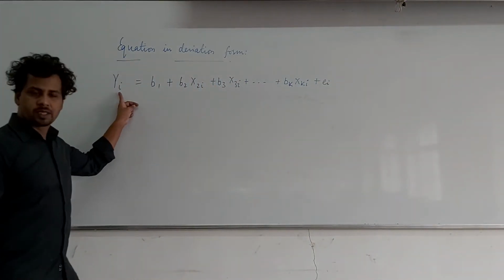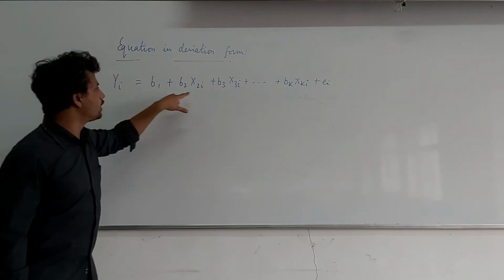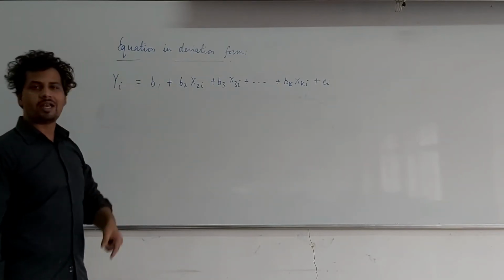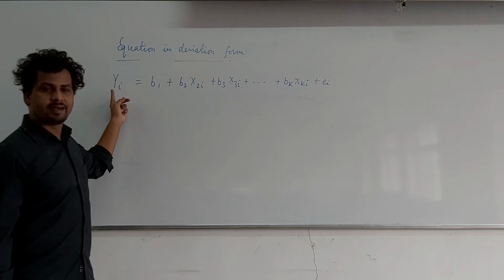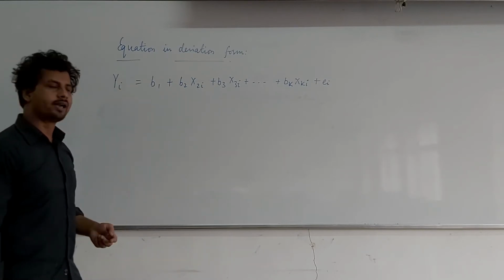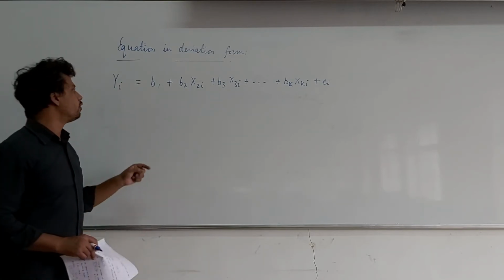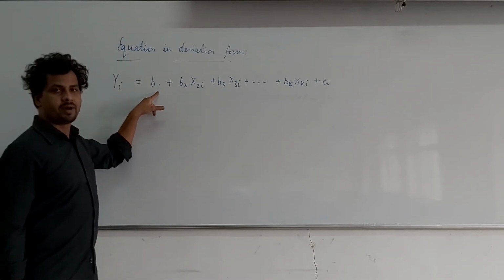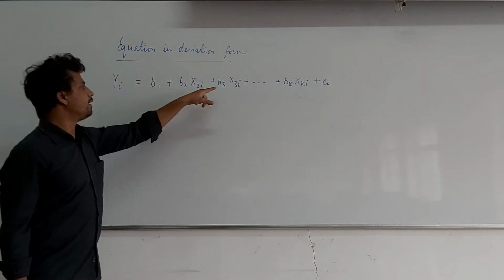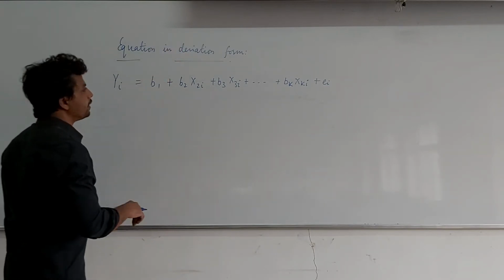An ith observation can be written this way. If it is the first observation, all the subscripts will take the value 1. If it is the 100th observation, all the subscripts indicated by i will take the value 100. So any ith observation in the whole sample regression line can be written this way, where b1 is your intercept term and the rest are the sample coefficients for the population parameters.